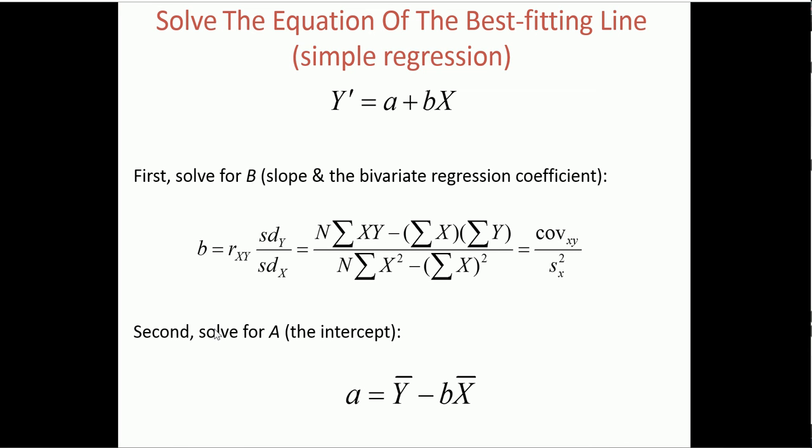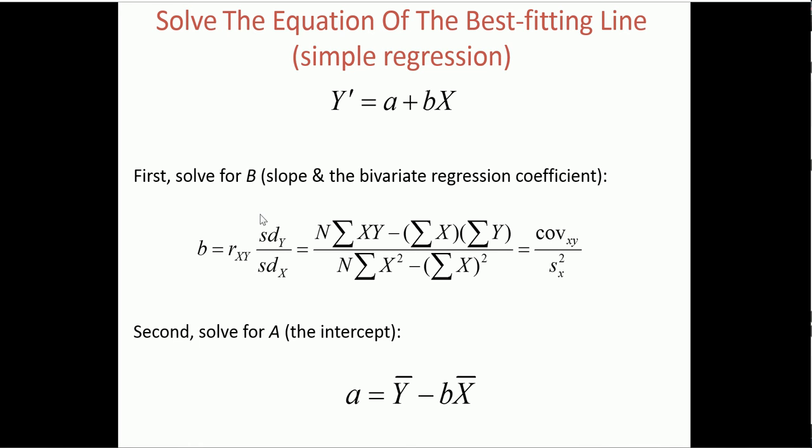So we're not going to really do much of this by hand, because it's very time consuming and prone to errors. But for a simple regression equation, the formula for the unstandardized regression coefficient, if you already have the correlation between the X variable and the Y variable, the X being predictor, the Y being the outcome, is simply multiplying that correlation by the standard deviation of Y over the standard deviation of X. So if you have these components already, it's pretty straightforward to compute.